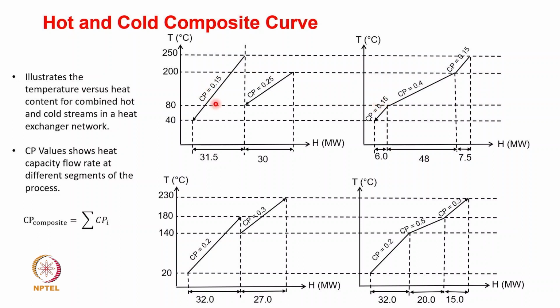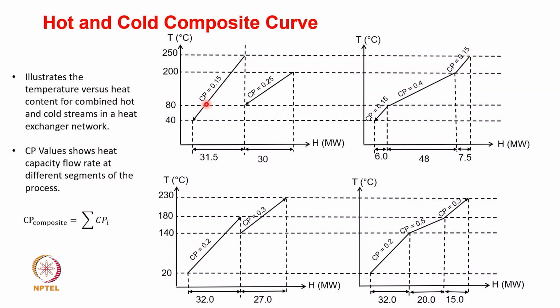And you can see that up till 200, they go together fine, with of course a different slope because their Cps are different. And from 200 to 250, again the first stream would remain, with a Cp of 0.15.